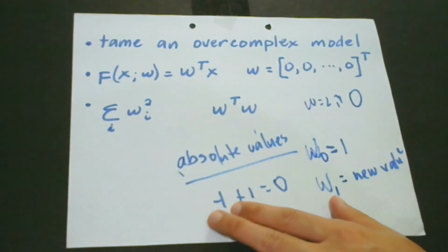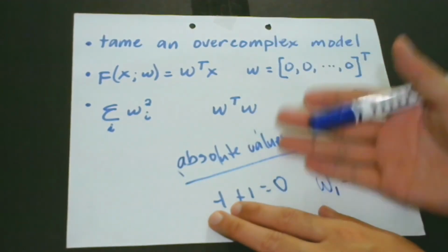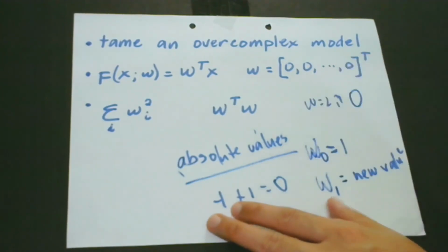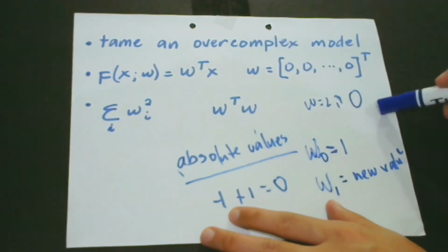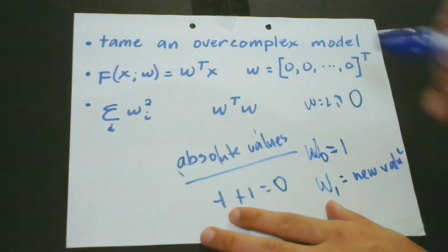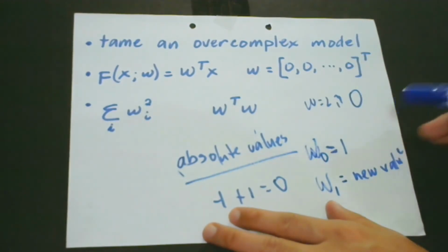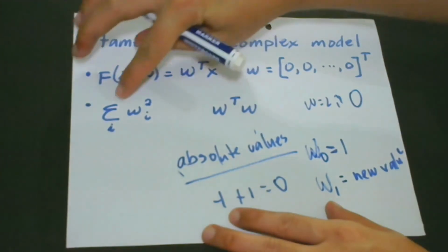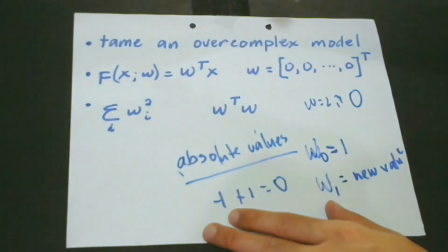Working with overcomplexity gives us a headache in dealing with big absolute values. Just imagine when you have 10 parameters, or 25 parameters. What kind of headache would that be? Nevertheless, the complexity of our model can be defined as the summation of w_i squared.